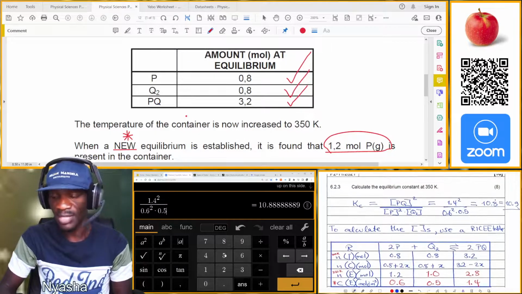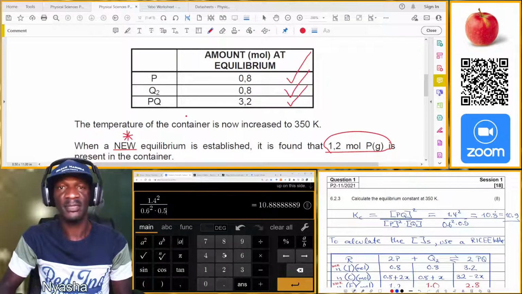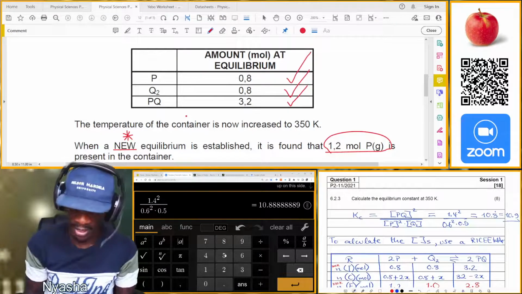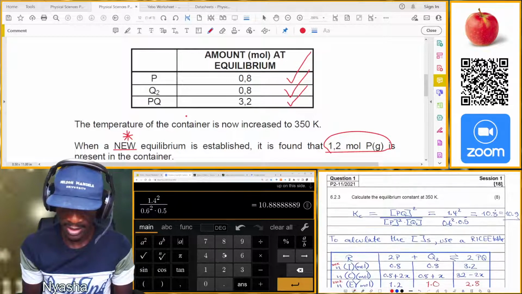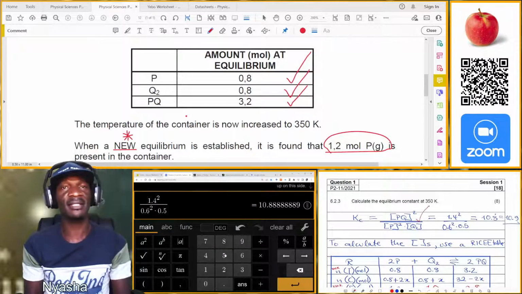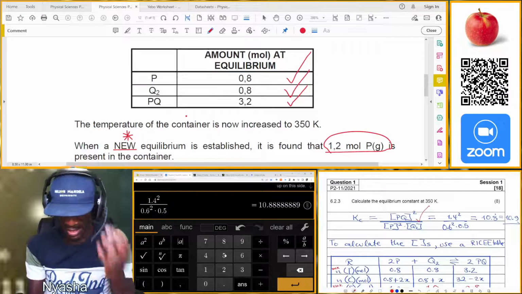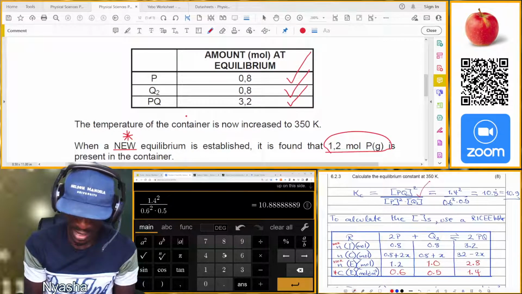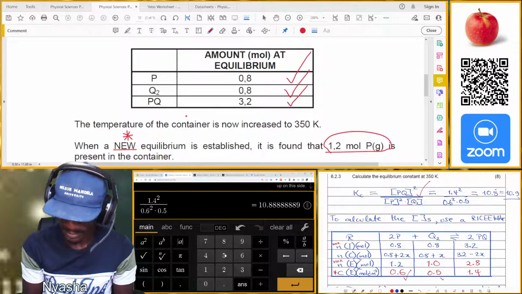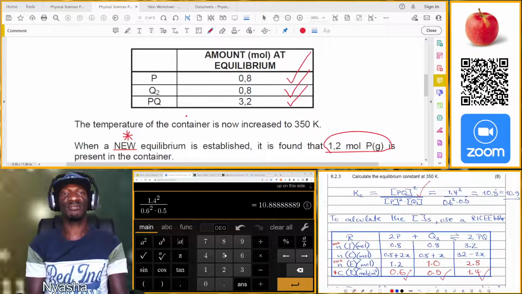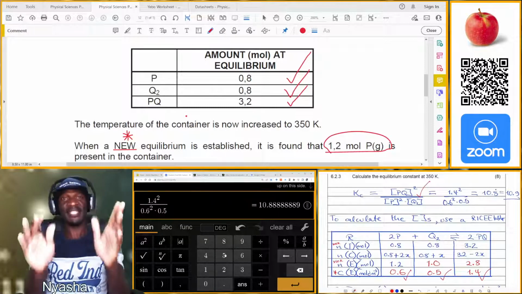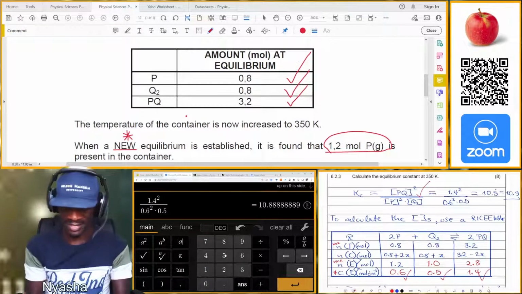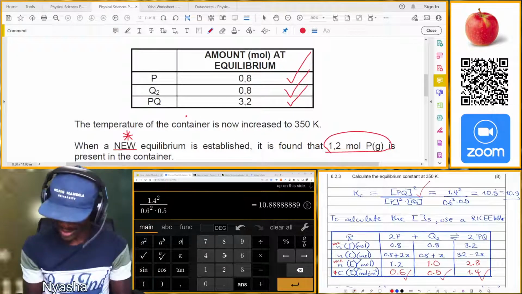So for those that have been following the calculation, what's important is the equation. If the equation is important, this means the concentrations are going to be very important. And how you get there involves the chemical reactions. But how did you get to those concentrations?